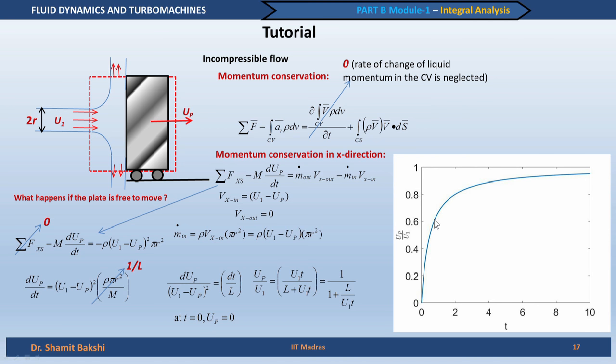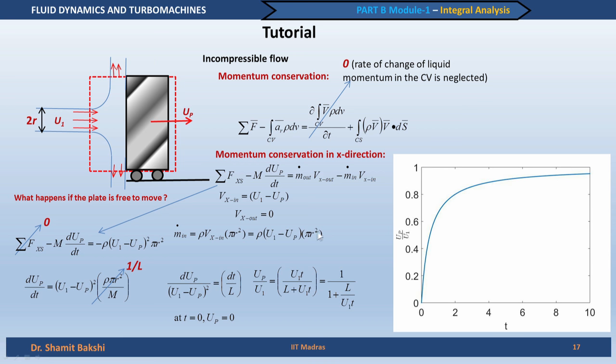As the force reduces, the rate of change of its velocity also reduces, and it finally becomes asymptotic, because as up comes closer and closer to the jet velocity, the force becomes very small. So, it comes very close to the jet velocity very quickly, but mathematically speaking, coming exactly to the jet velocity takes infinite time.